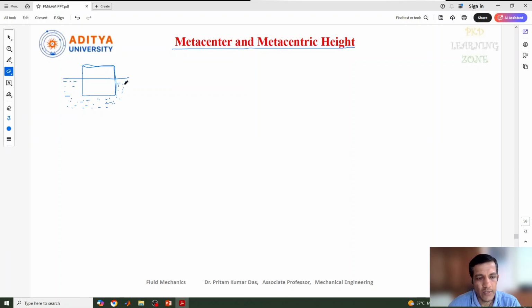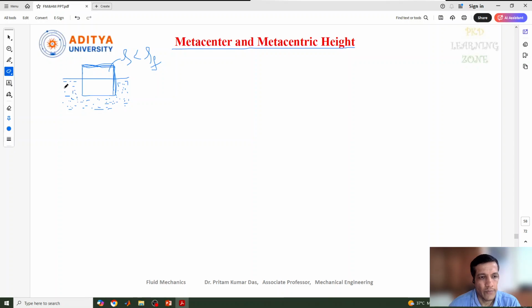If the density of this floating body is more than the density of this liquid, then it is going to sink inside the water. For this floating condition, the density of this body is less than the density of the fluid which is present here. That is one part.